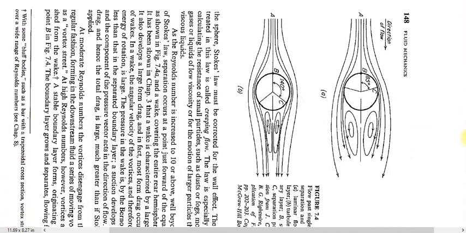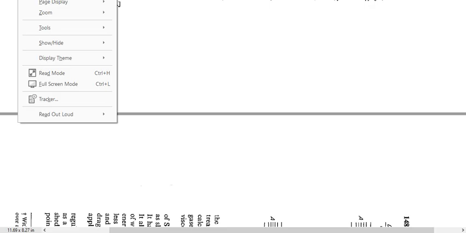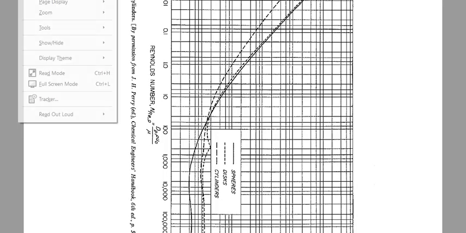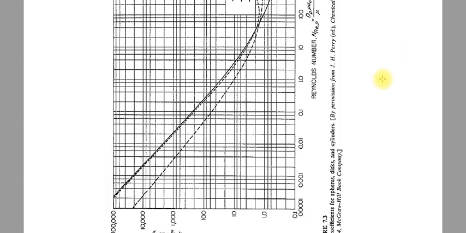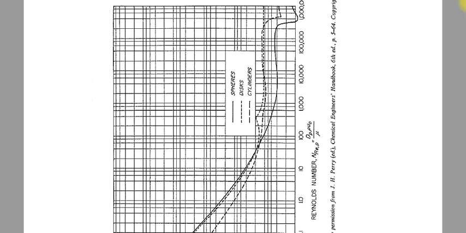So basically it is constant, and the value of drag coefficient is nearly 0.45. So always remember, if Reynolds number is 1000 to 3 lakhs or 4.5 lakhs, the drag coefficient will be 0.45 and constant.